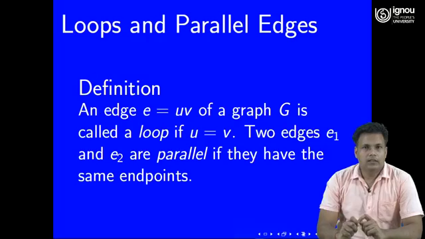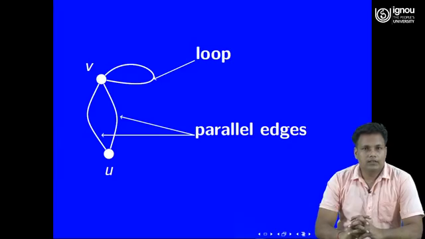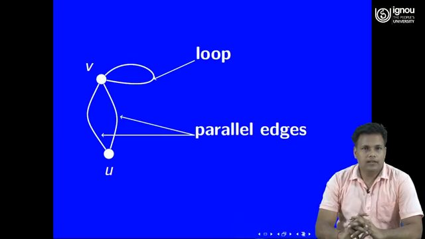That means the endpoints of one edge are precisely the endpoints of the other edge. In that case, those 2 edges are called parallel. For example, in this graph, we can see that there is a loop incident at the vertex v, and there are 2 parallel edges, both having the same endpoints u and v.